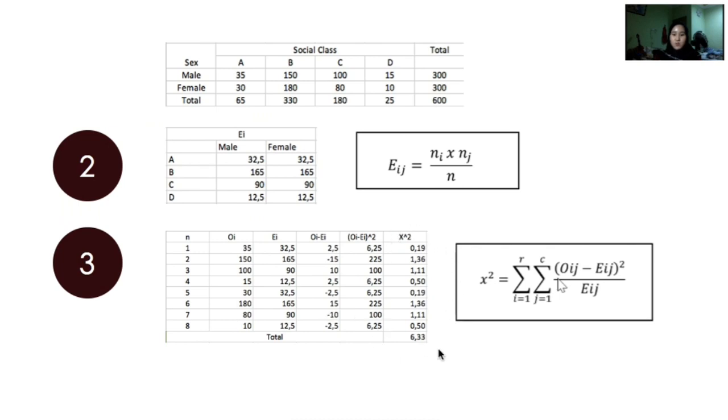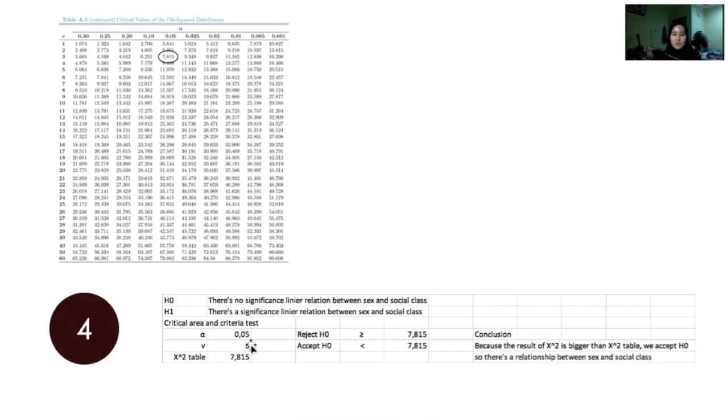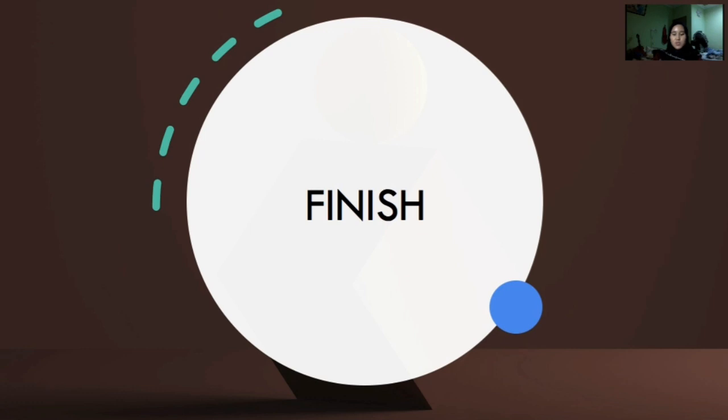Because we got x squared of 6.33, which is less than the x squared table value, we have to accept H0. So there is a relationship between sex and social class. So that's it for question number 3.